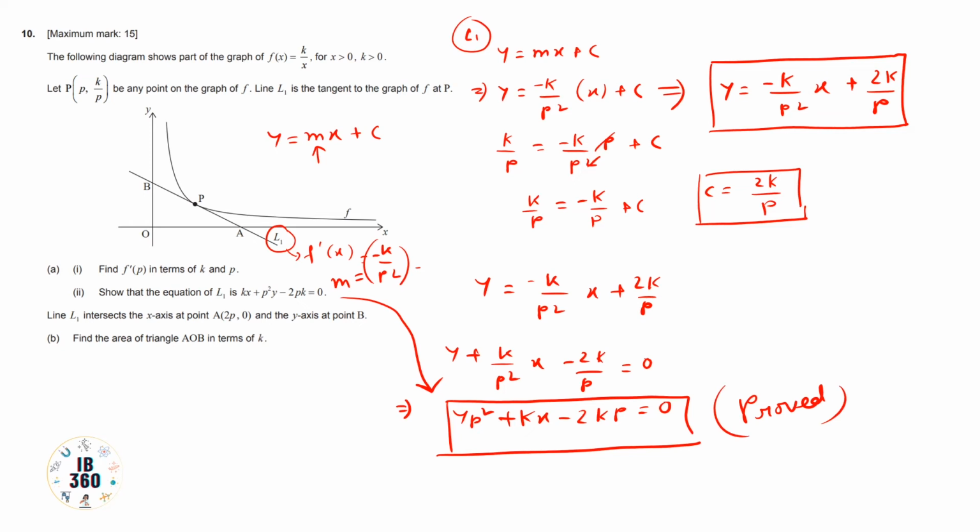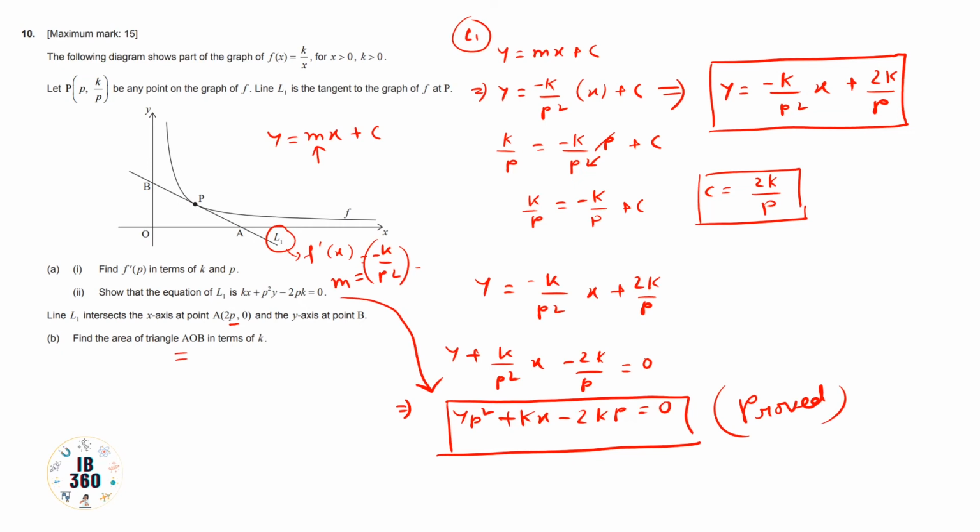Okay, so now find the area of triangle AOB in terms of k. You have to keep in mind, this point is 2p comma 0, it is given. For the last part, there are many ways to find the area of AOB.